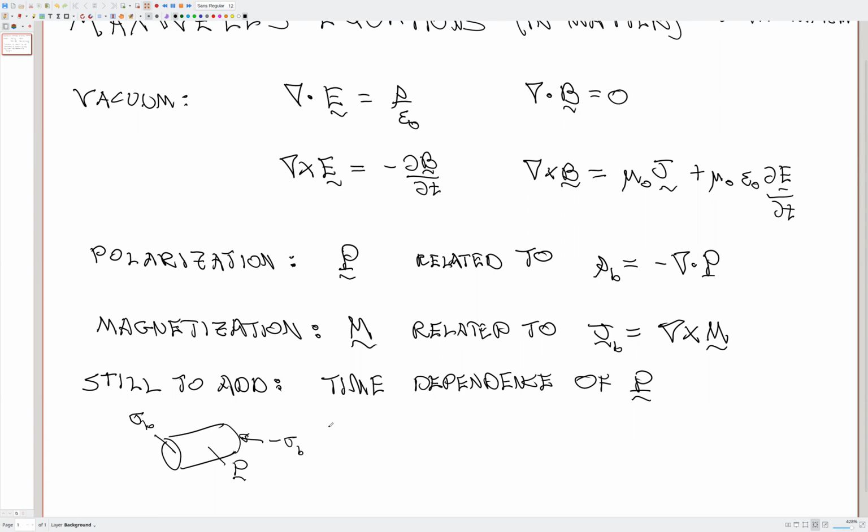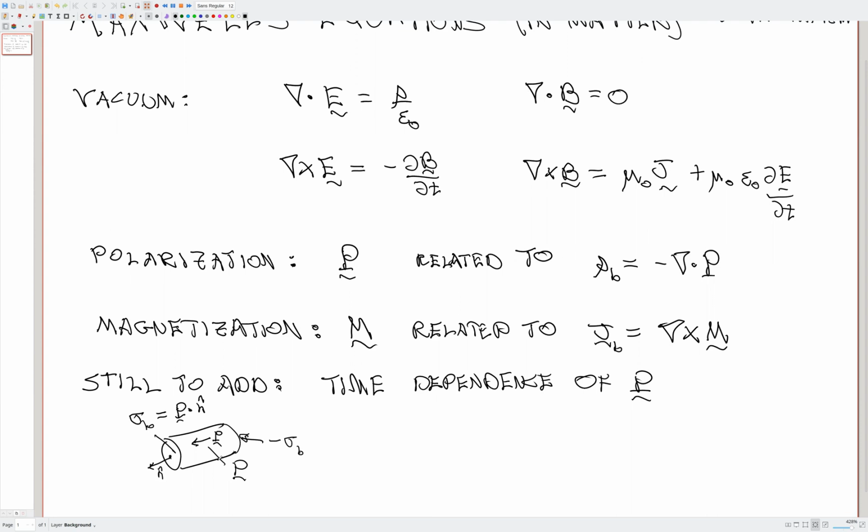Yes, question. Yeah, so here, I guess what I mean is that the polarization goes this way. So that's my P here, right? And the sigma here is P dotted into the normal unit vector, and this is my normal unit vector.